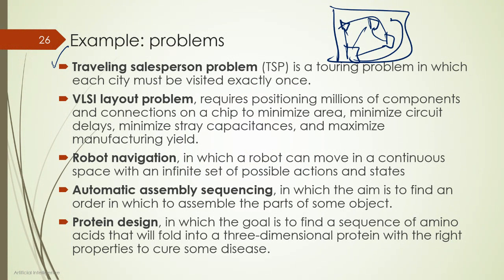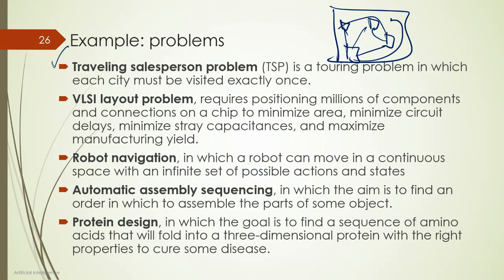Robot navigation. We have done robotics together. We know that robot navigation itself is a problem, considering the input and output of the robot, the possible movements, and the kinematics of the whole system. It is another problem in which a robot can move in a continuous space with an infinite set of possible actions and states.